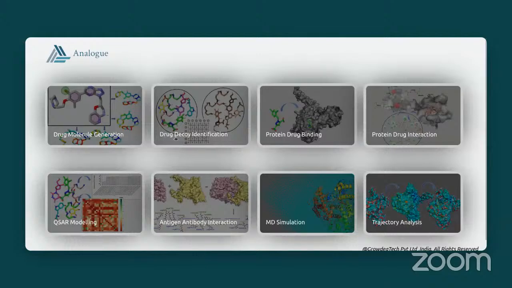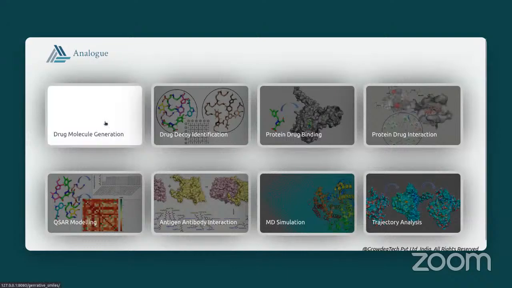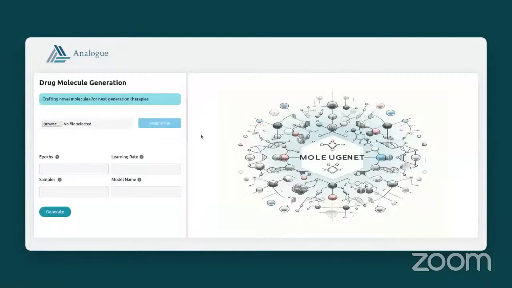Then you can collect pre-approved drugs for that. Let's say you want to design a novel drug for Alzheimer's. So you can collect pre-approved small molecules for that, and you can use this particular module of the tool.